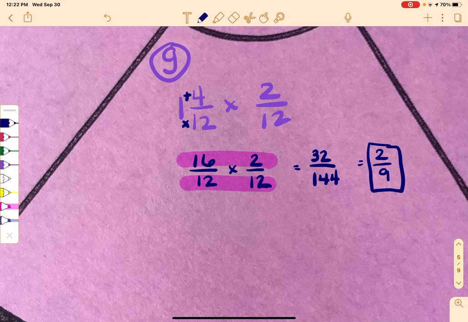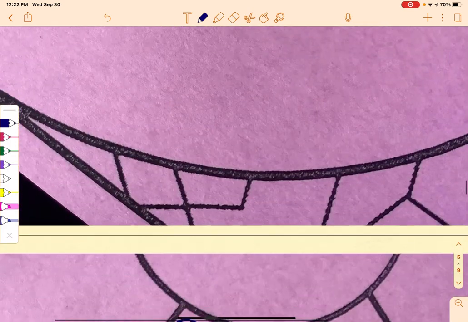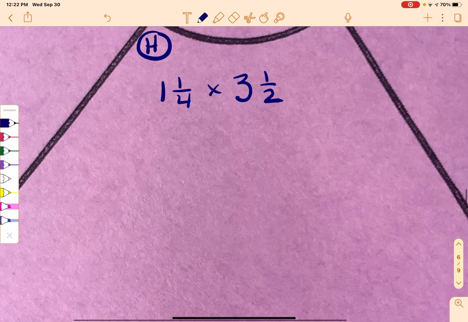Okay, we have 2 more left. We're going to go completely just to mixed numbers. So here are my 2 mixed numbers. 1 and 1/4 times 3 and 1/2. So both of these, because they're mixed numbers, I'm going to have to change them to improper.